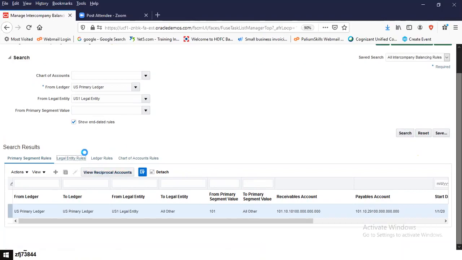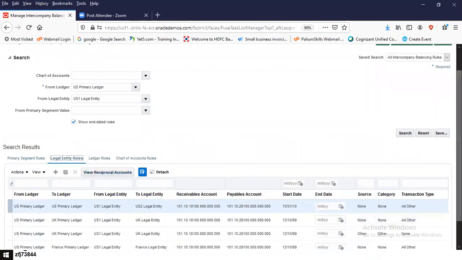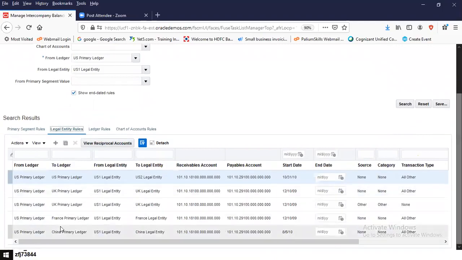So now if you look at the legal entity rules here, you will find these are the different combinations of the rules that have been set up.